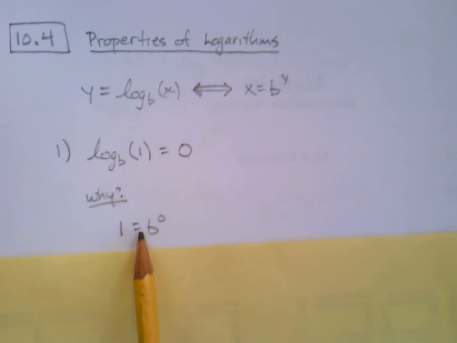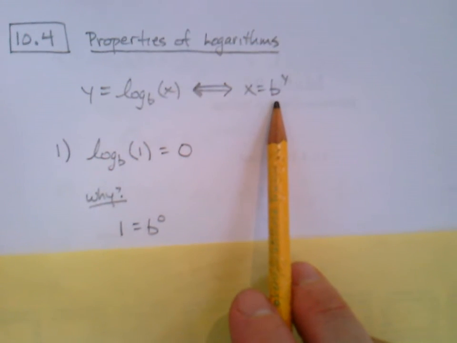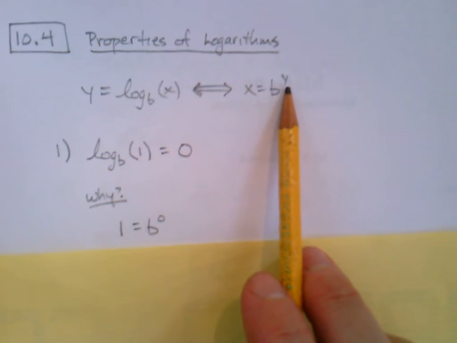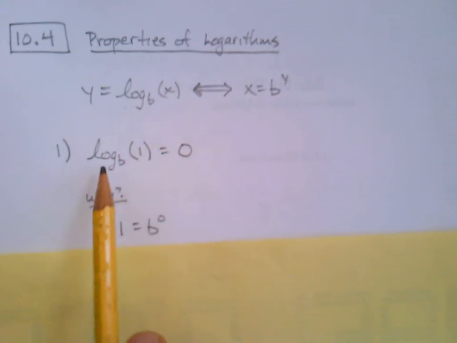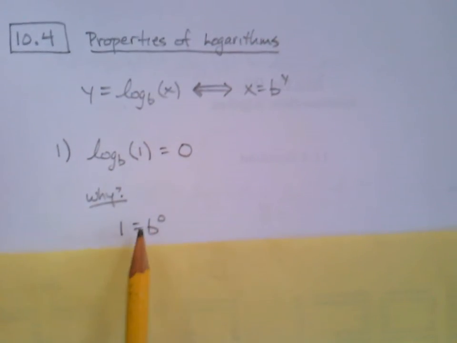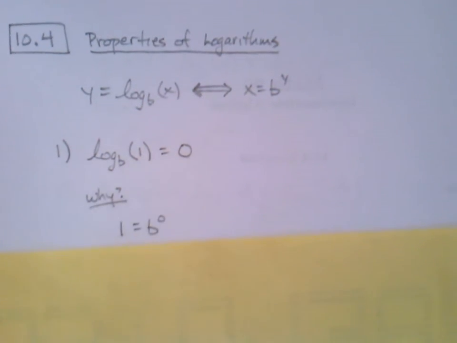Now, why would that be? Well, think of 1 equals b to the 0 as this. X is 1, y is 0. Well, if you rewrite it, x is 1, y is 0, you get that. It's actually the exact same rule, just in the logarithmic form. So here's our rule. The log of 1 with any base equals 0. Keep that in mind.